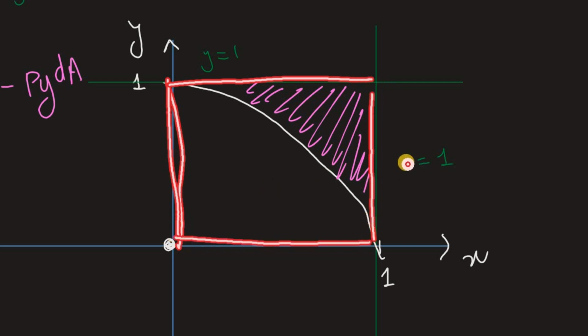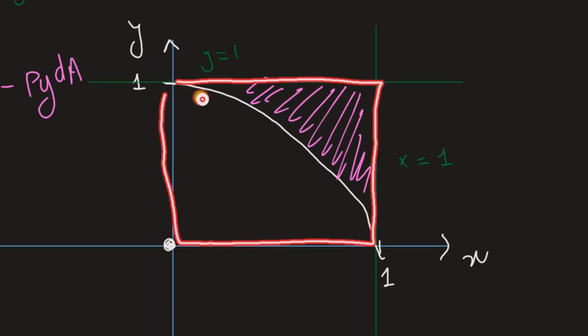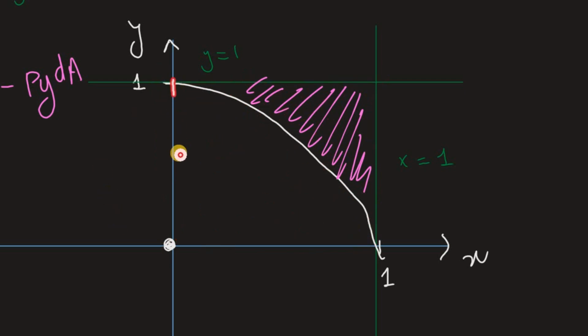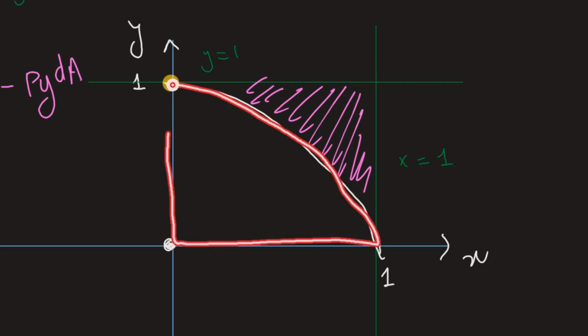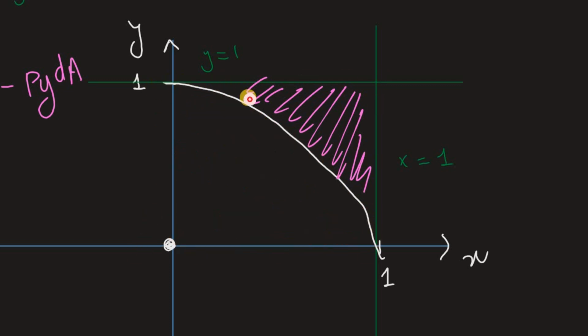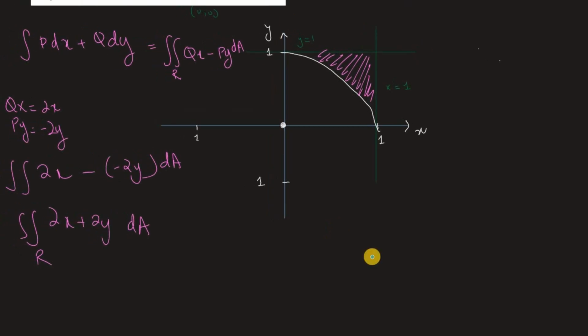So this is gonna be our region 1, and then you're going to take the integral, the area of this rectangular region, and then you're going to subtract it from this circular region that you see over here. So it's really simple.